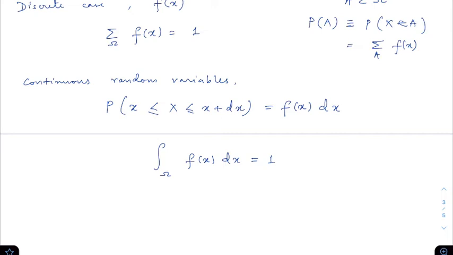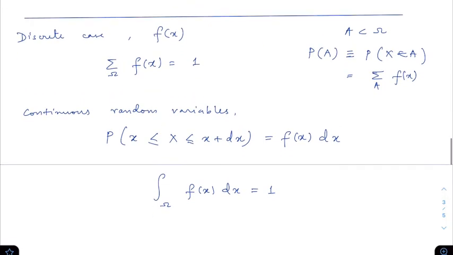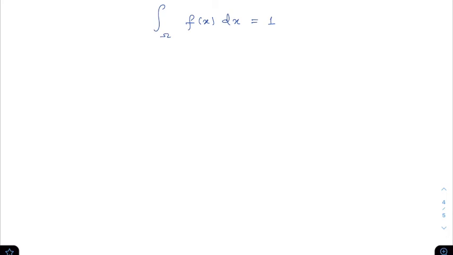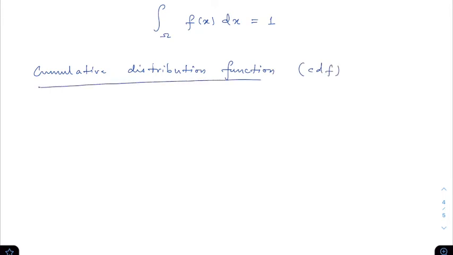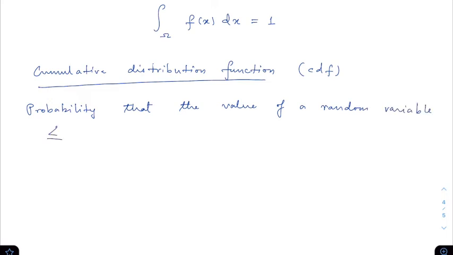Now, one associated quantity to the probability distribution function is the cumulative distribution function, which is abbreviated as CDF. So the cumulative distribution function is the probability that the value of a random variable will be less than or equal to a given value.